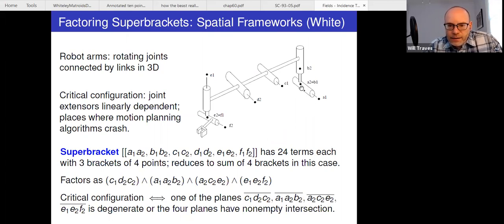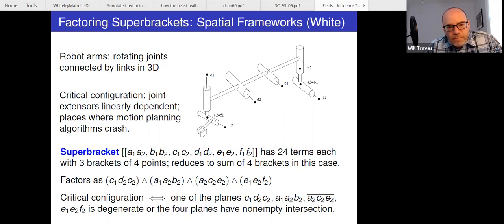And here he's requiring a bunch of other conditions, that these 2 bars be parallel, and so on. But he's interested in paths that the arm can take, and motion planning for the arm if you want to get from one position to another.